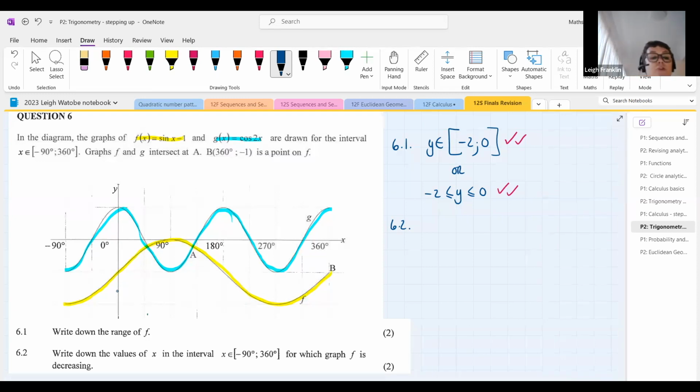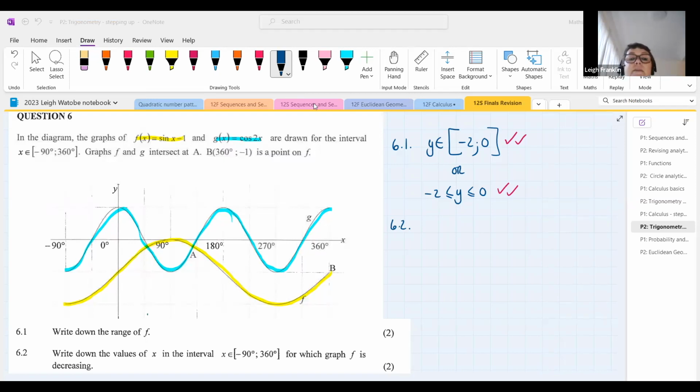What does the word decreasing mean, Matrix? Decreasing means what? Exactly, Letu. Well done. It's got a negative gradient. Yes, Linda, that's correct. Good. Well done.